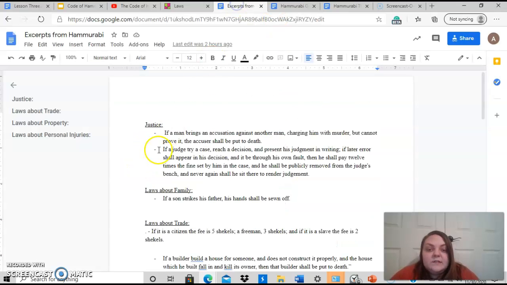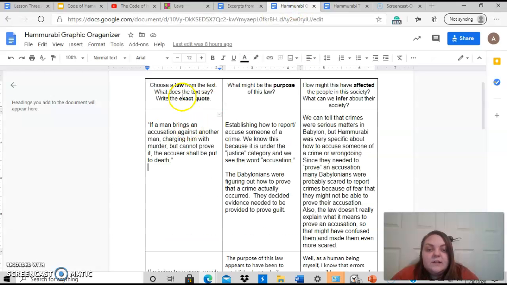First, we would look at the first law I have here under the justice category. So I've written the exact quote, and then I've talked about the purpose of the law. I would go through this with students. Basically, they're trying to figure out how to report or accuse someone of committing a crime, specifically murder.